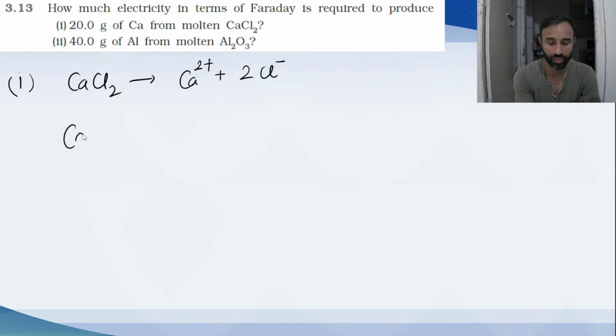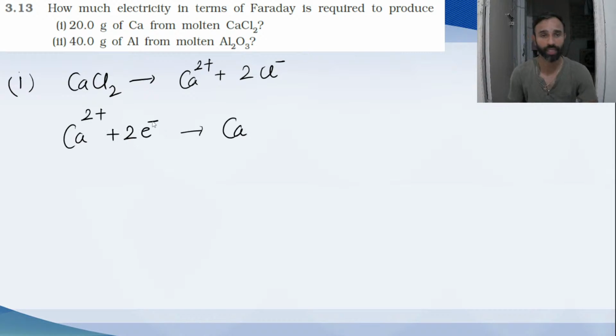So from molten calcium chloride, we convert it to calcium. So 2 electrons. That means 1 mole of calcium 2+ requires 2 mole of electrons, means 2 Faraday of electricity. So 2 mole of electrons are required to produce 1 mole of calcium.